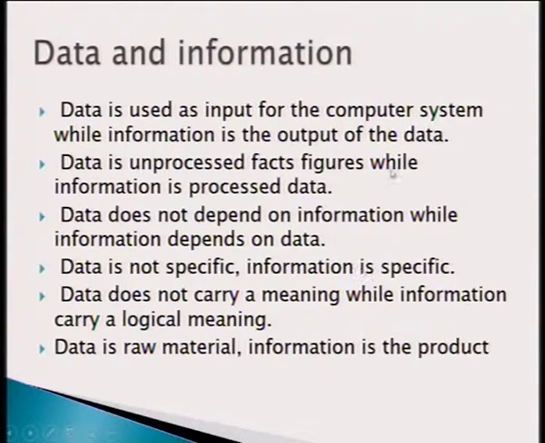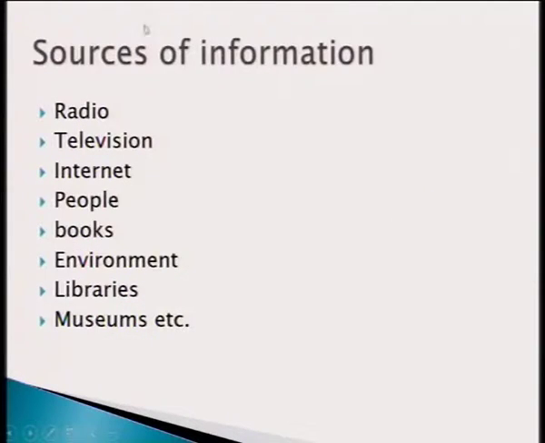Just as I've explained, data has no meaning. It's biased and doesn't make sense to you, while information has a meaning to you or makes sense to you. Data is the raw material. Information is the product. So these are a few differences between data and information.